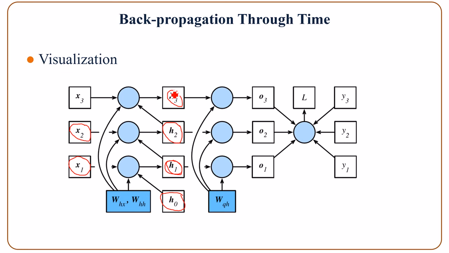And h_3 gets contribution from the input x_3 at time step 3, and from the previous hidden state h_2.